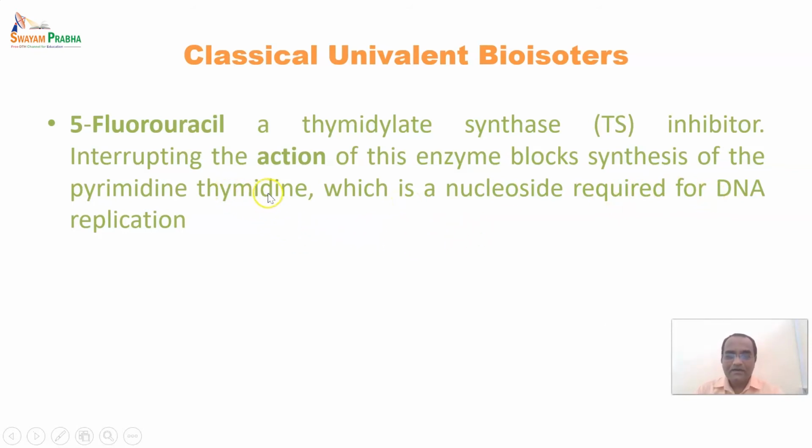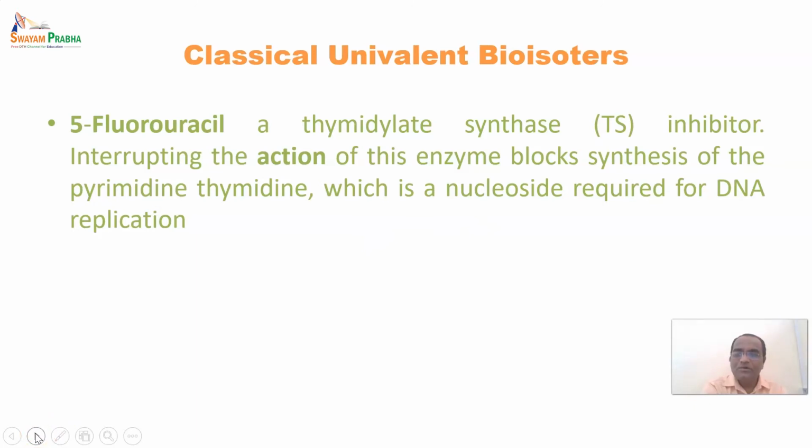In the earlier lectures we have seen the structures of DNA, that they contain purine and pyrimidine analogs, and thymidine is a pyrimidine analog, and thymidylate synthase is one of the enzymes required for synthesis of thymidine. And 5-fluorouracil blocks the action of this enzyme, which is required for DNA replication further.